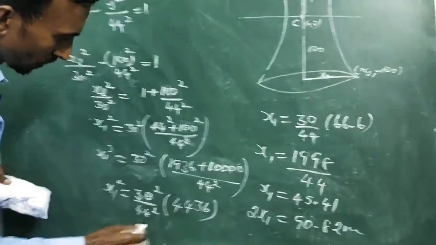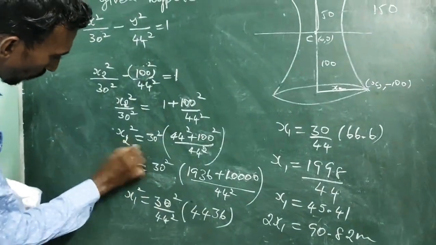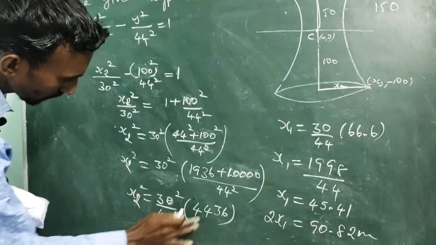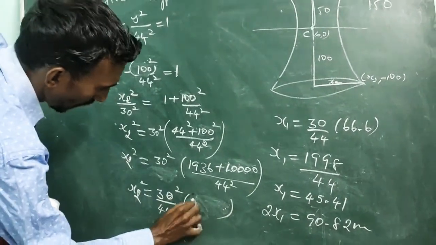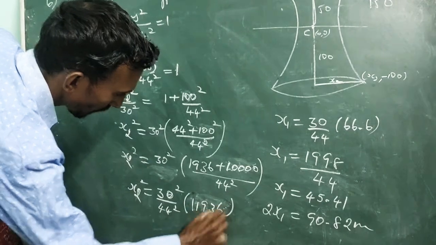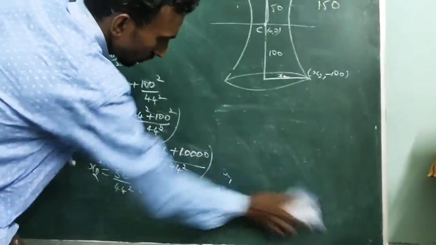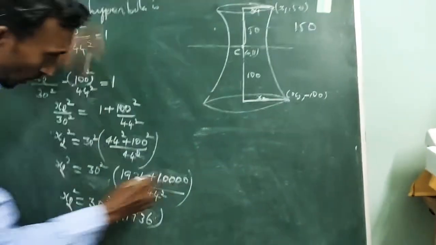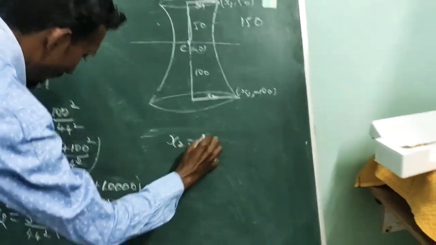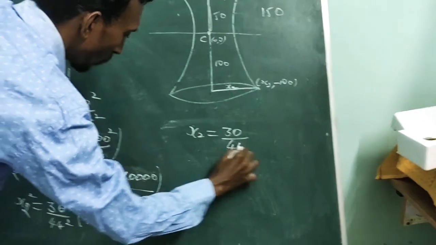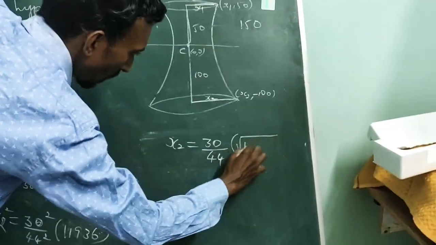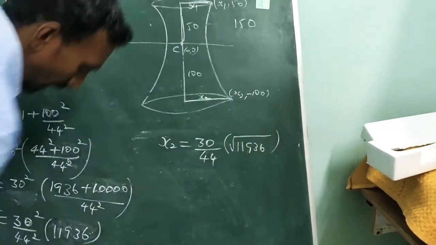So here the value x2 square, 11,936. Okay, so x2 value equal to 30 by 44 into square root of 11,936.